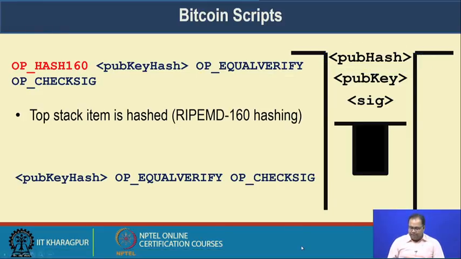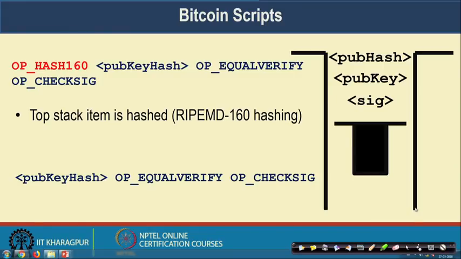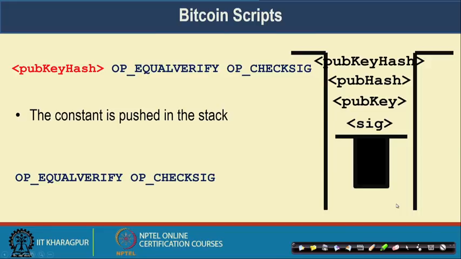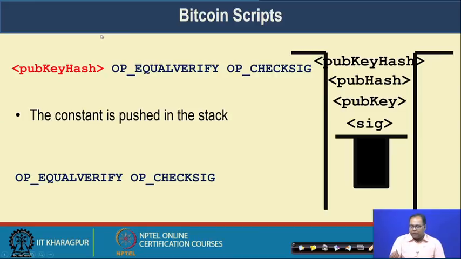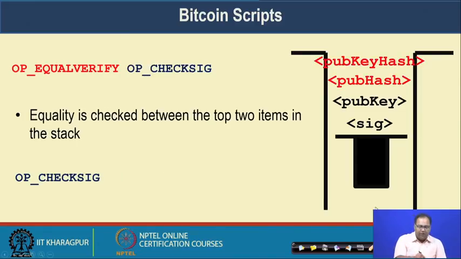Then at the next step you have the pub key hash. This is an operand, so you push the pub key hash onto the stack top. Then you have the operator EQUALVERIFY. This checks whether the two hash values are equal or not.